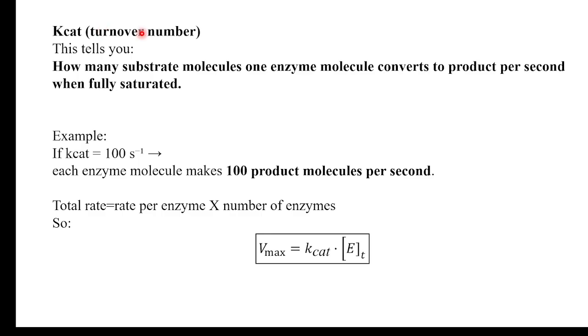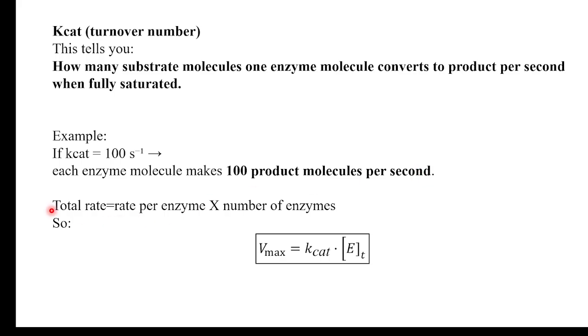It means how many molecules of the substrate are going to be converted into product per second by the enzyme when it is fully saturated. So this is the maximum capacity of the enzyme. If suppose the kcat is 100 per second, it means each enzyme molecule makes 100 product molecules per second when it is fully saturated.